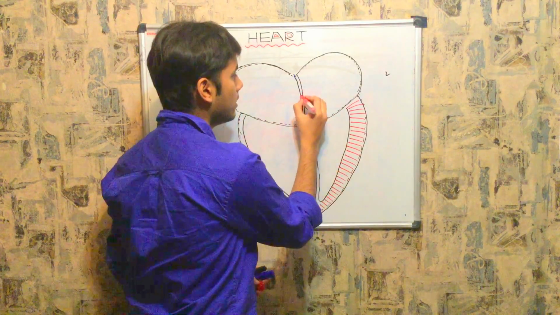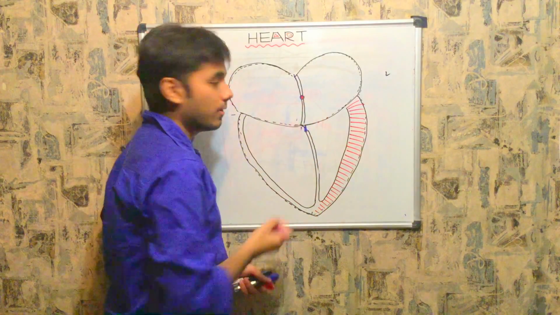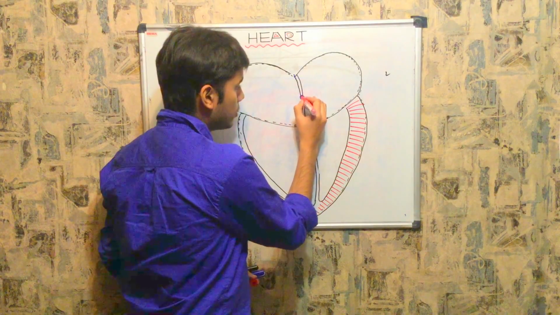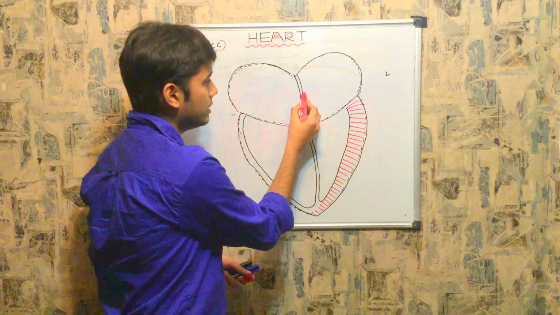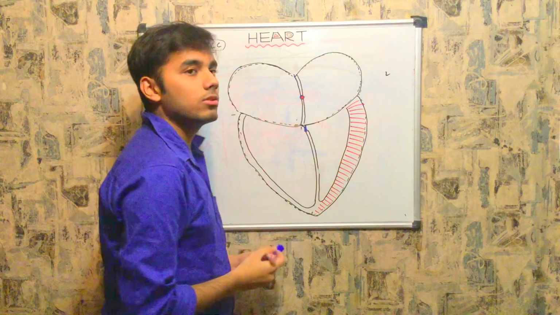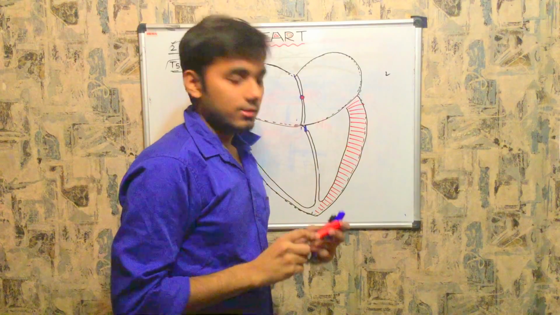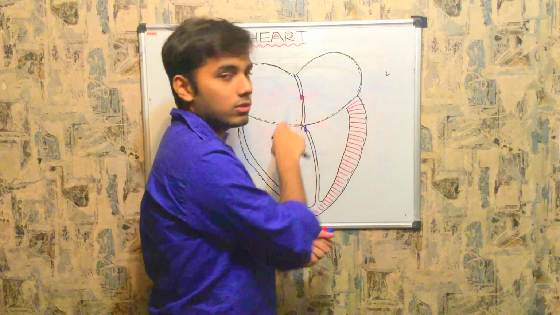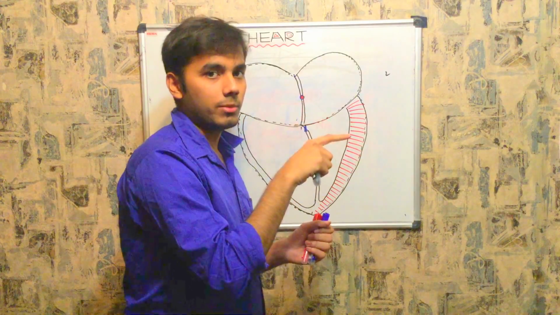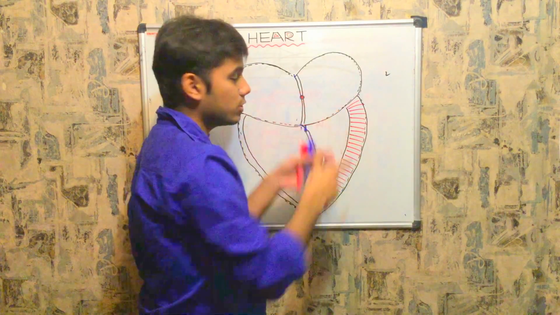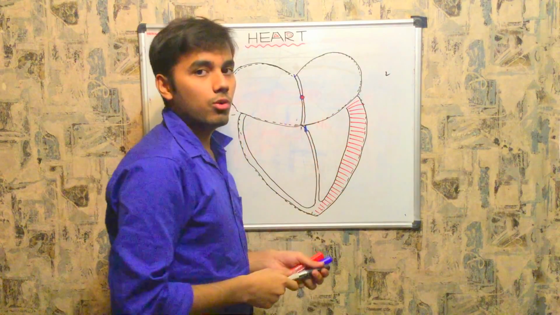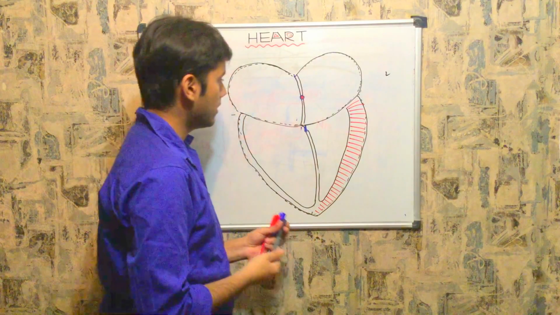For that reason, the foramen ovale is completely closed. And after closure, you call this region of the interatrial septum the fossa ovalis, right? So before, it was the foramen ovale, when there was a foramen. Now the foramen is completely closed by a membrane. Now you call it the fossa ovalis, right?